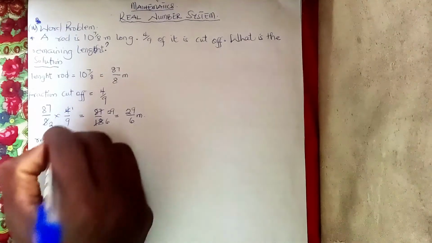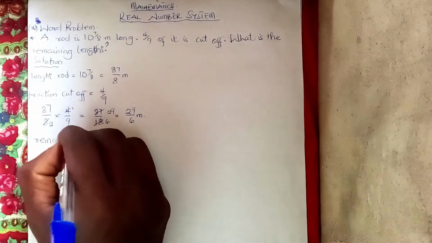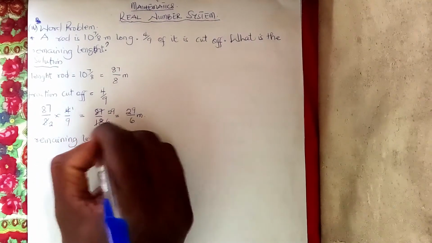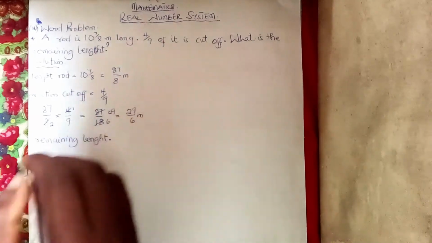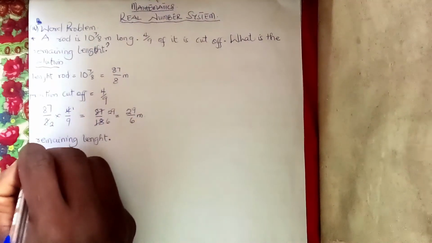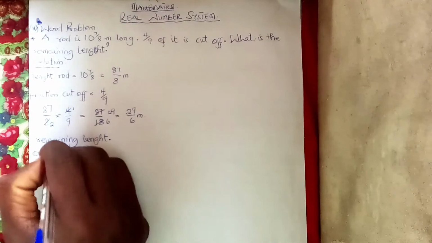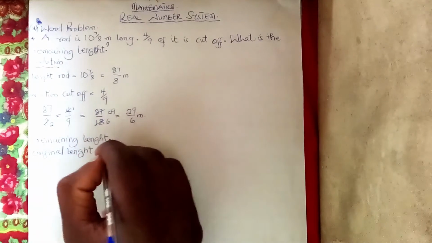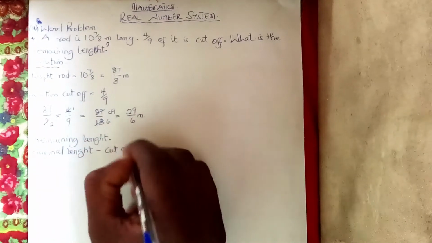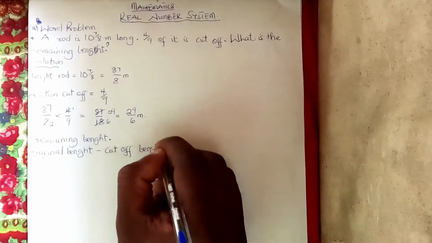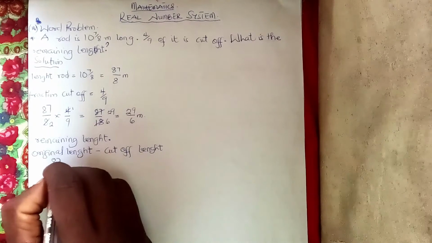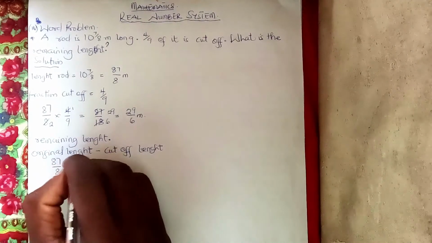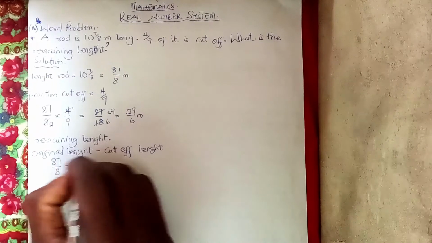So remaining length equals original length minus cut off length. We have our original length to be 87/8 minus 29/6.